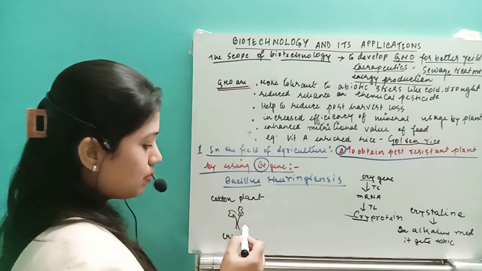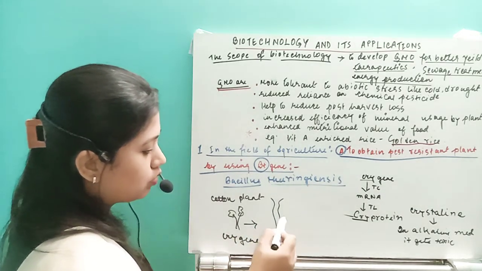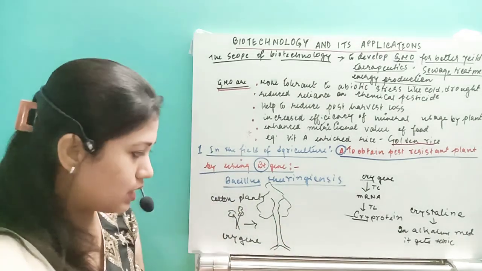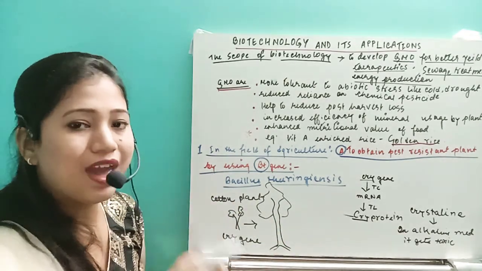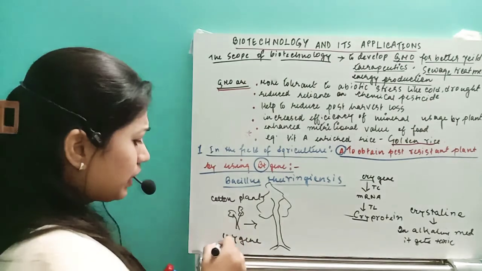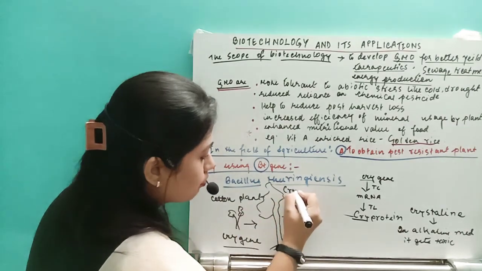So now this plant will grow, and in that large, long, huge cotton plant, everywhere, like in the seeds also, root also, stem, leaf, everywhere, they are going to have this cry protein, right?